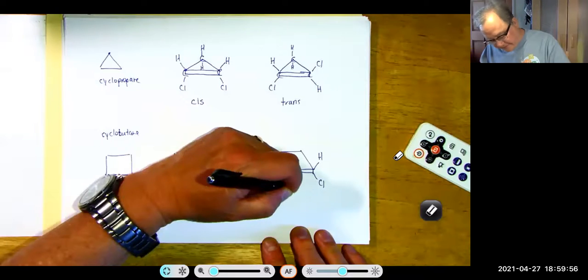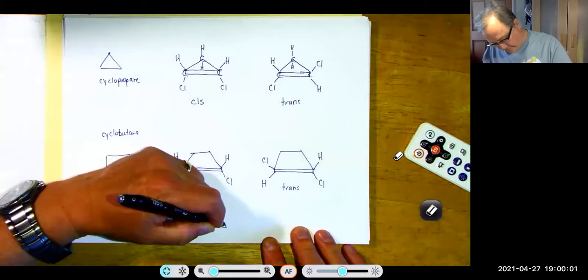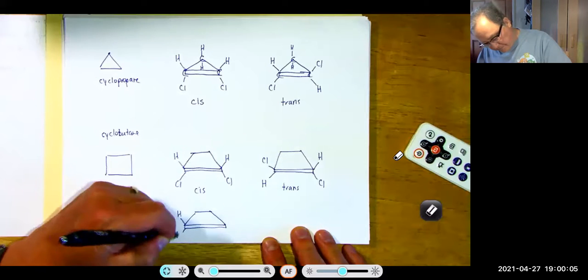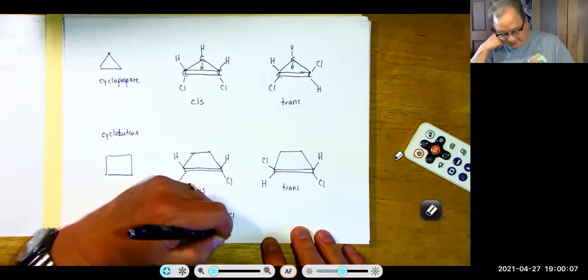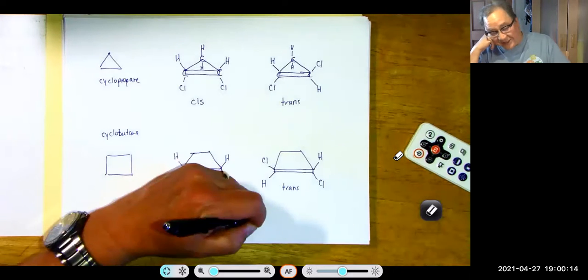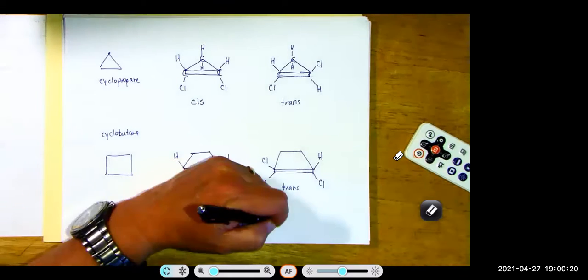And what would this be? Cis? It's not cis. I don't know. It's not trans.